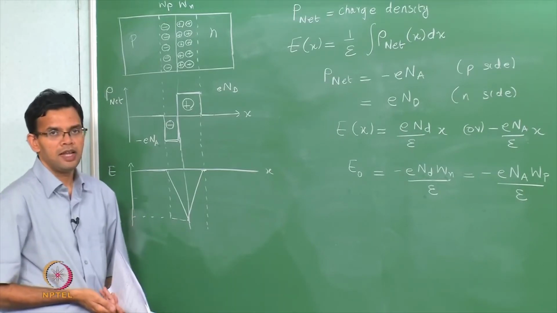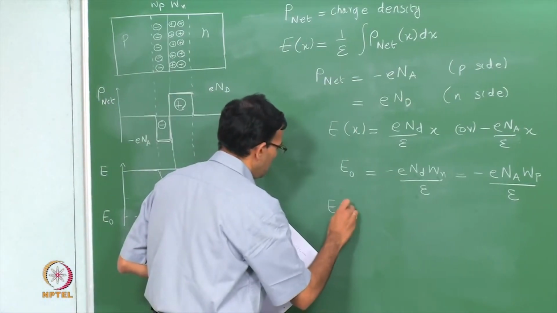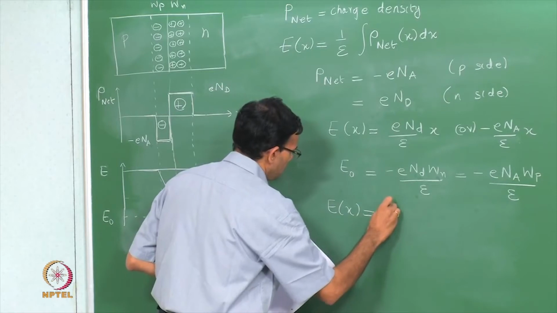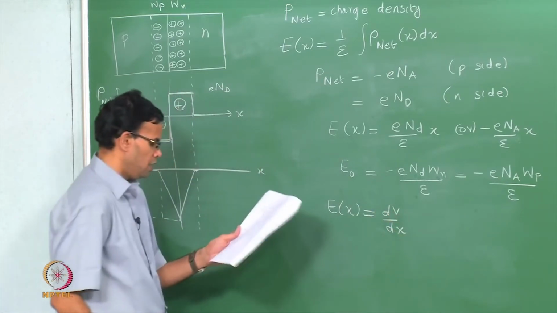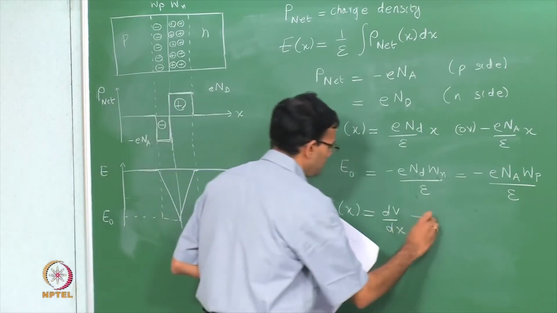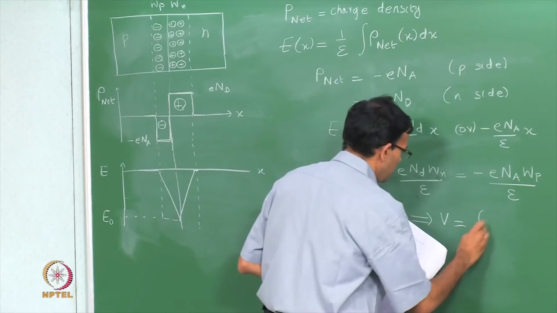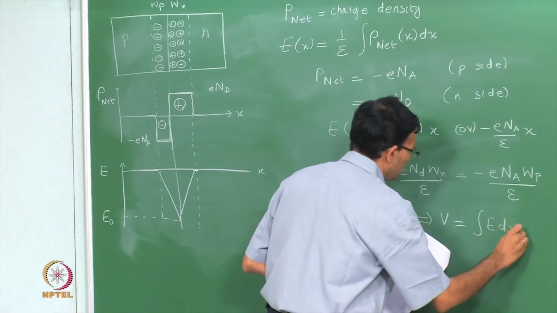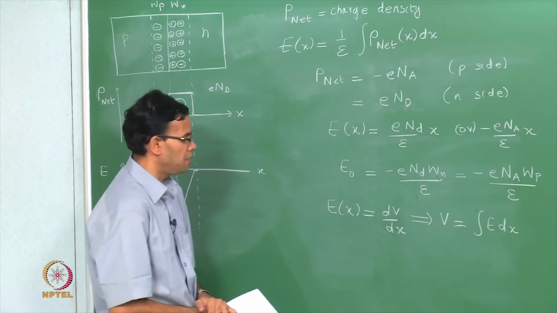E is also related to the potential by the expression E equals minus dV over dx, which means the potential V is the integral of E dx. We can substitute this expression and do the integration.